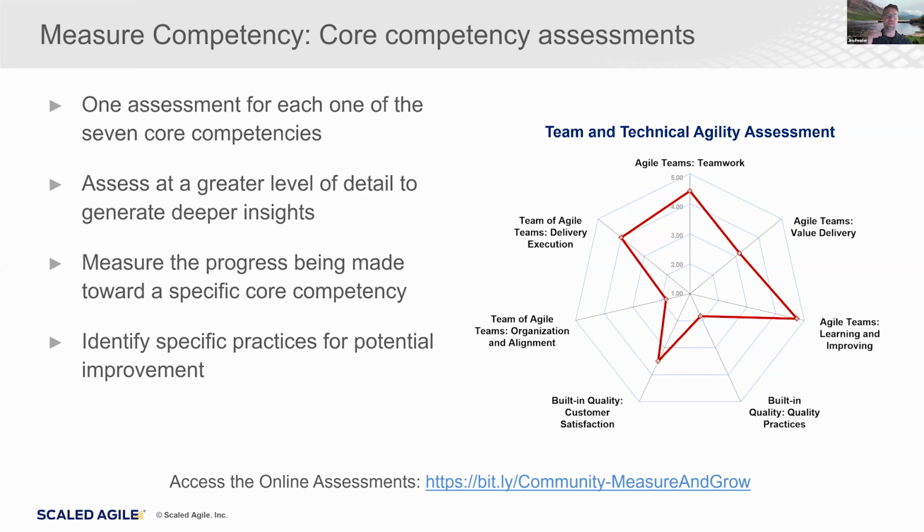So it really helps us get down to that deeper level and give us the information that we need to get the actual improvement items into our backlog and be able to start executing against those in our organization.